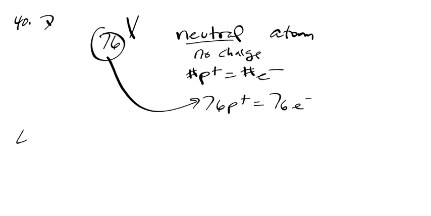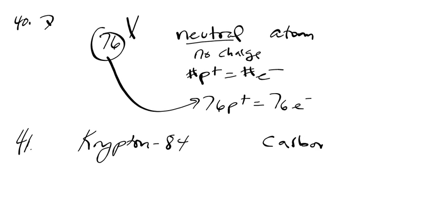Number 41 is asking, what is, when you have the 84 in krypton, 84. People think about carbon, for example. Carbon, the common one is carbon 14. That certainly is not the atomic number because carbon has an atomic number of 6. 14 is the mass number. That's what it represents.